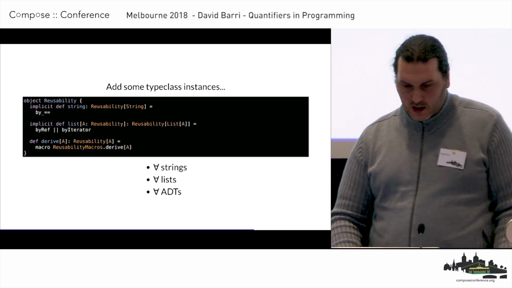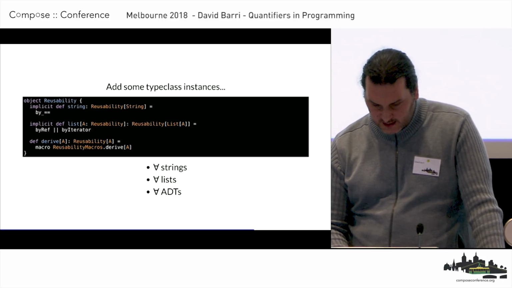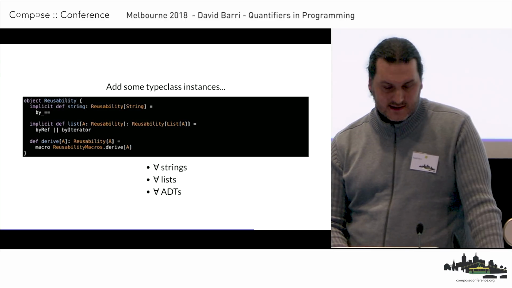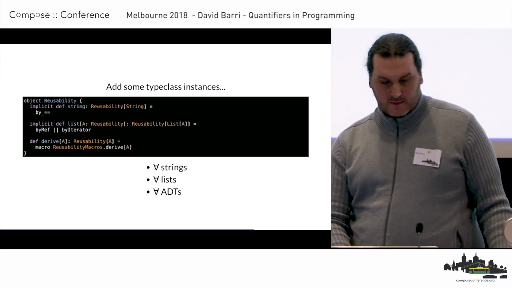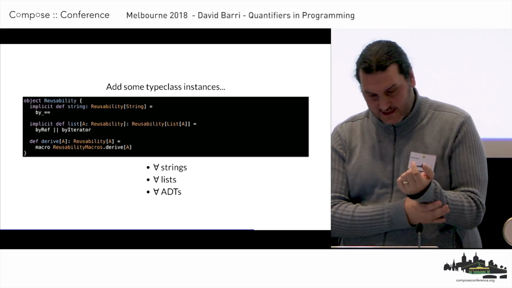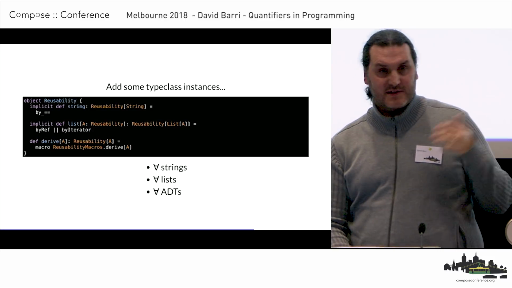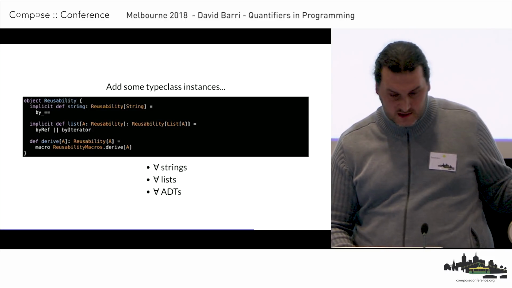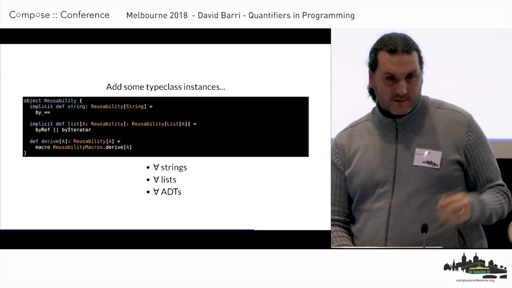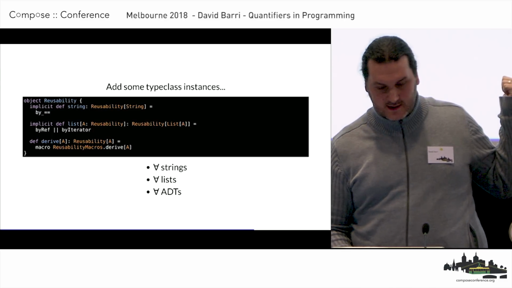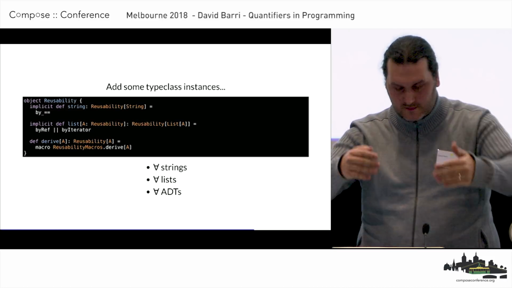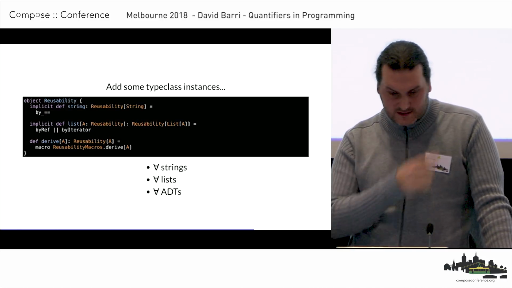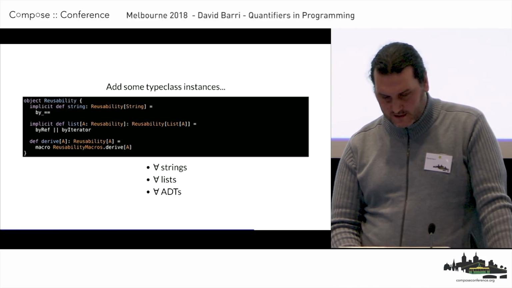Okay, so we'll just add a few type class instances to the library. You're already seeing quantifiers here, by the way. So for all strings, we can solve this problem by using just universal equality. For all lists, I'm going to say use reference equality because that's really fast, and then if not, iterate through both lists and compare the elements. There's also a derivation macro for ADTs.